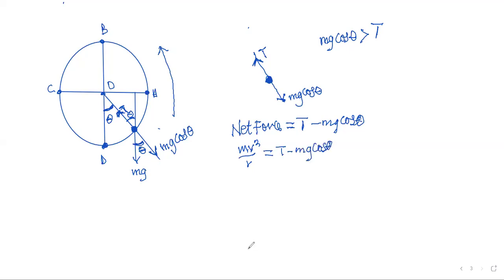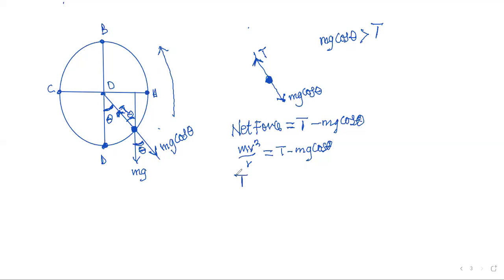Please, help me make T the subject. Calculate and then give me feedback. You are making T the subject. You said T, right?